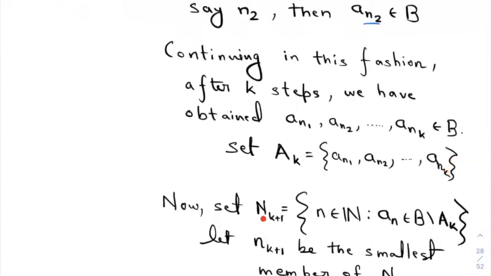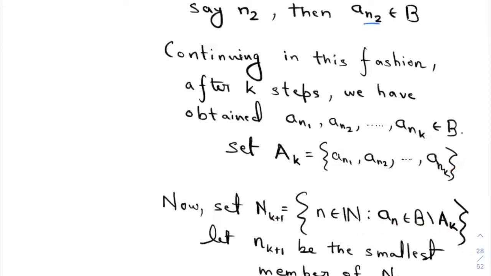So that's why I'm looking at this set N k plus 1, which is the set of all indices n such that n belongs to B minus A k. A k is the set of first indices which I've already put in the basket, right? So this set is still non-empty.